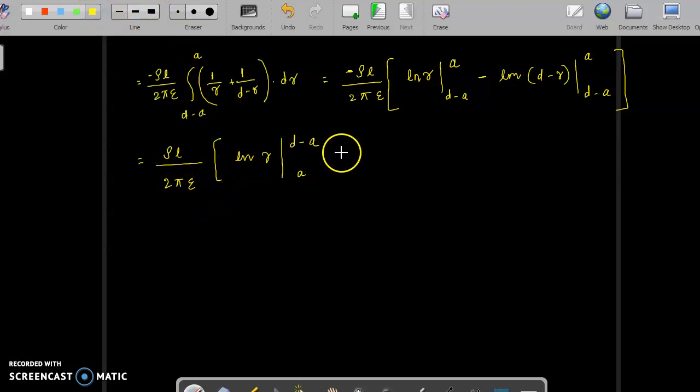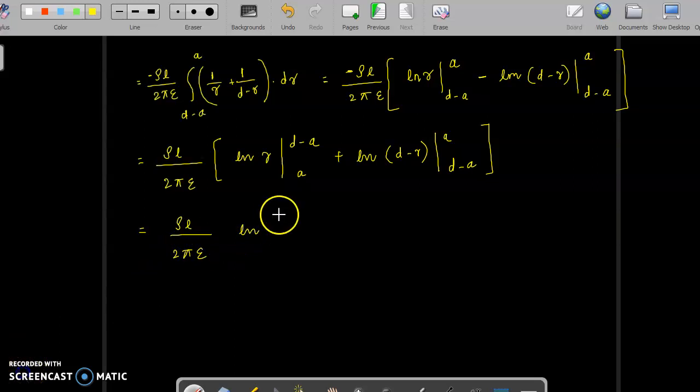And again, minus of minus gives plus natural log of d minus r, from d minus a. So rho over 2 pi epsilon times natural log of d minus a by a, plus natural log of d minus r, d minus a by a.